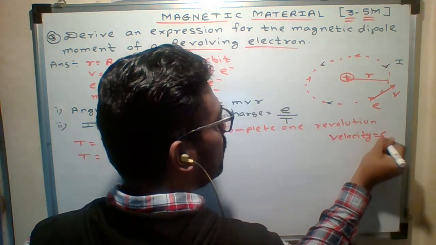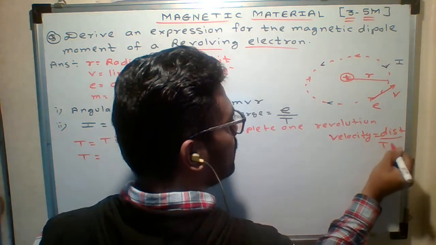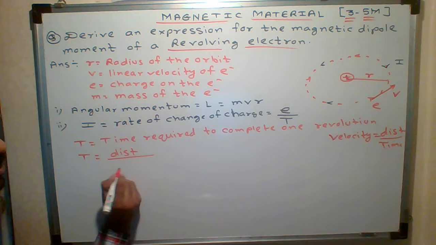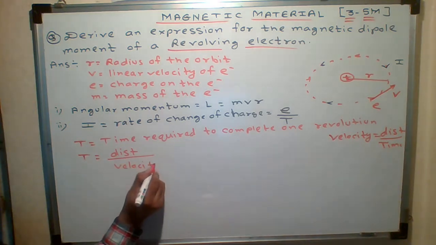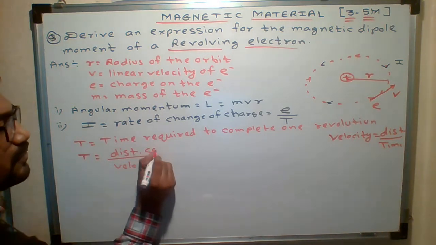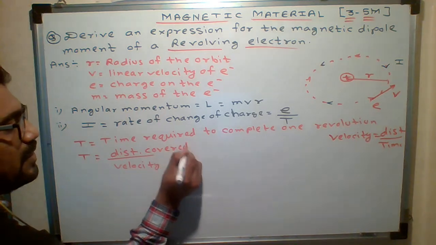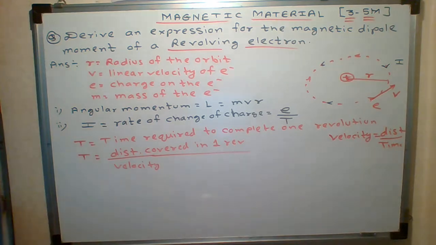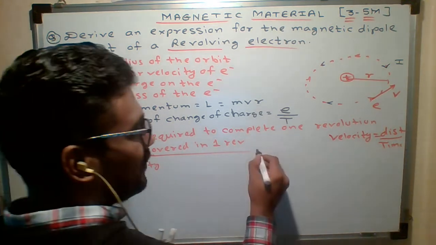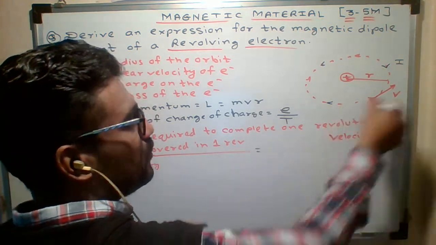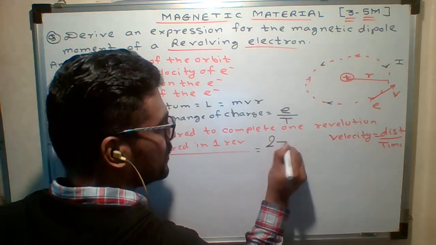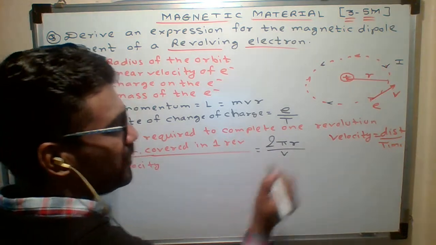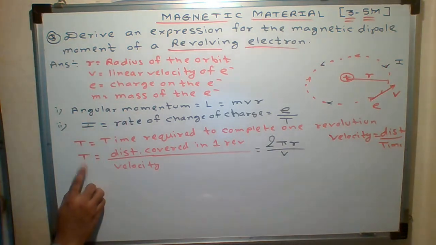Velocity is distance upon time. So time equals distance upon velocity. The distance covered in one revolution is the circumference of the circle, and the velocity we consider here is V. So now we know the value of T.